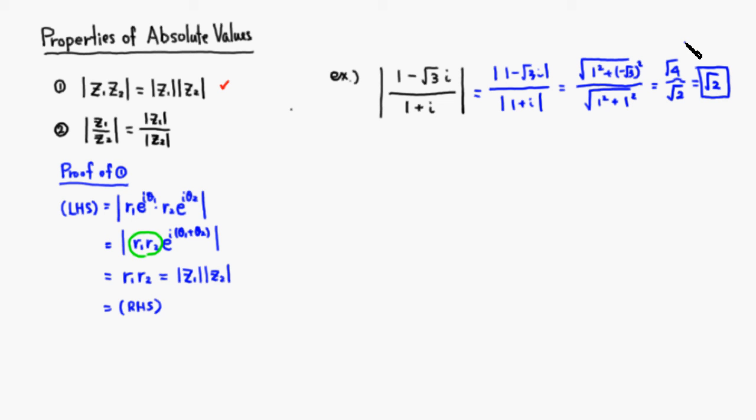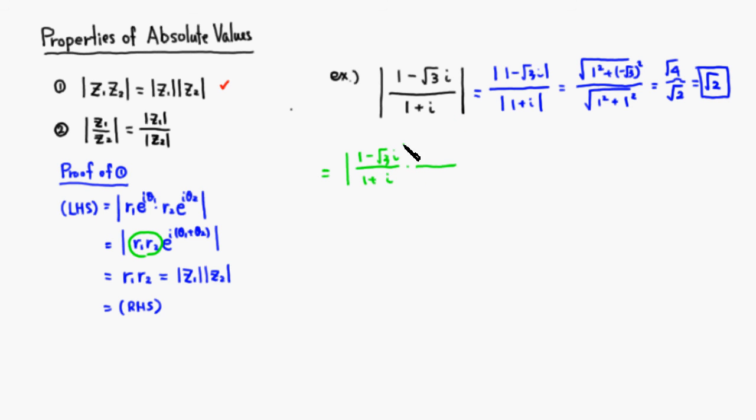Let's say if we didn't have property number 2, then you would have to write it in the form of x plus iy. So let's do it that way too, right? So this was pretty simple, and so here's the one without the property. So it's equal to. Alright, first thing I would do is we have to rewrite it into x plus iy form.